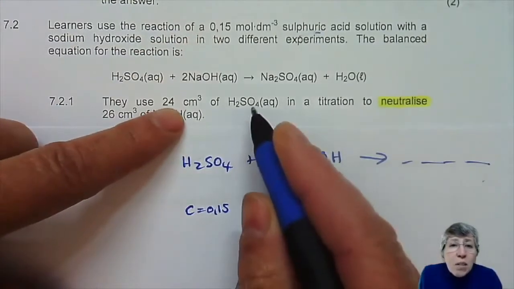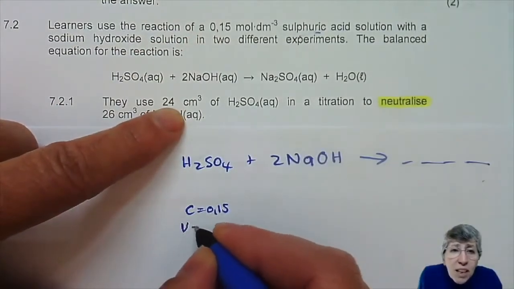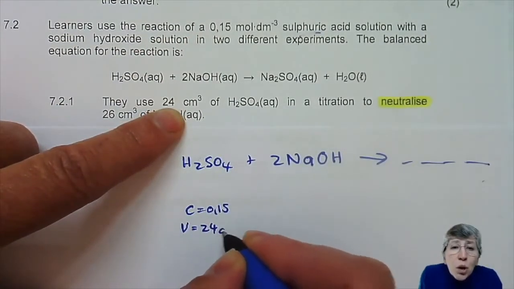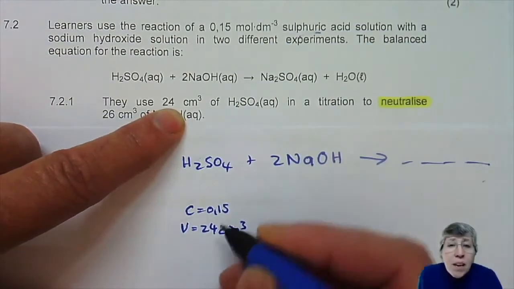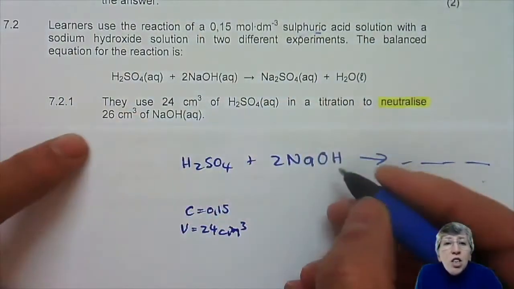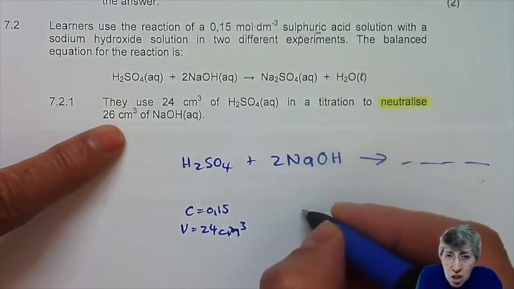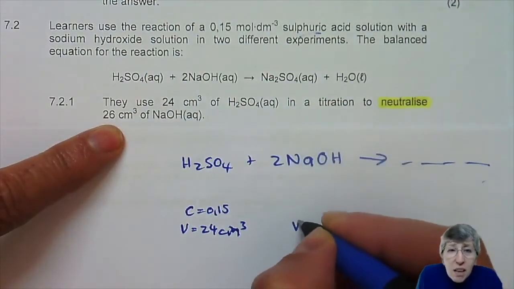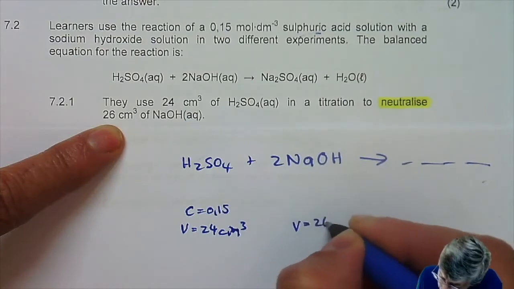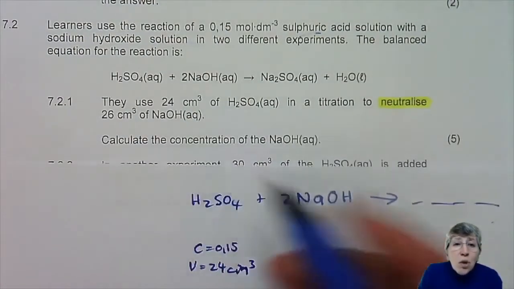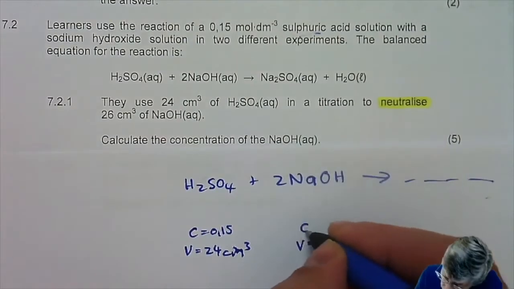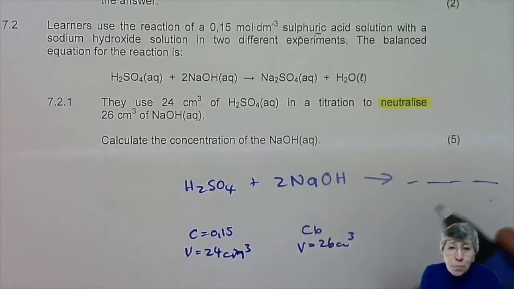And now they tell me the volume of this one is 24 cubic centimeters. It neutralized the NaOH, and there they give you the volume of 26 cubic centimeters, and they ask you to calculate the concentration of that base.